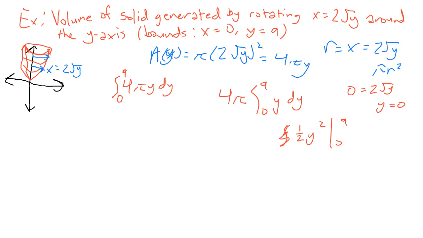And then we're going to get 81 over 2 minus 0 over 2. So 81 over 2 times 4 pi. These are going to cancel out to where we can get a final answer of 81 times 2 pi, which is 162 pi.